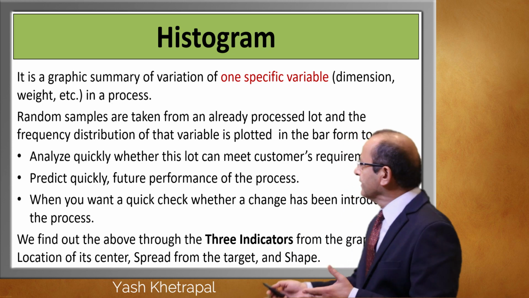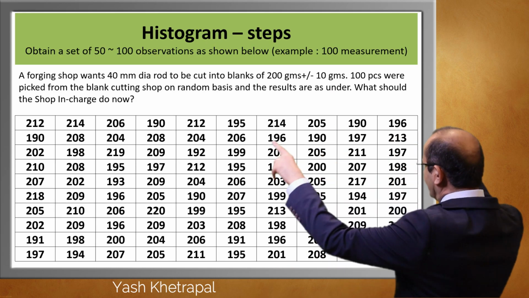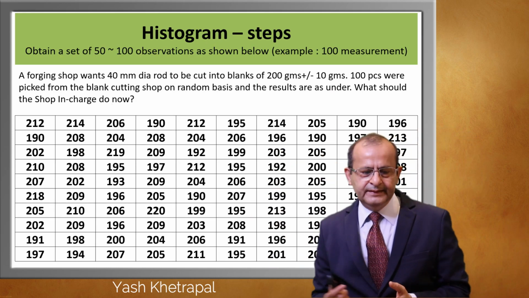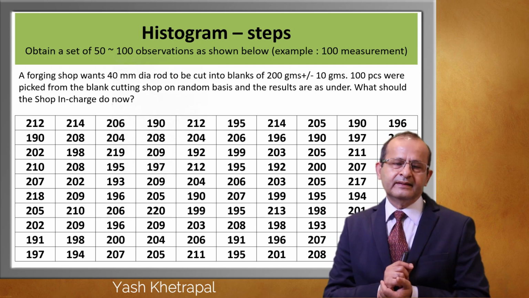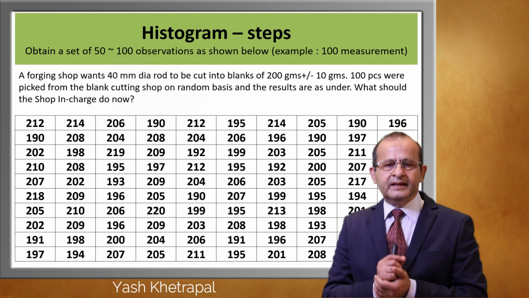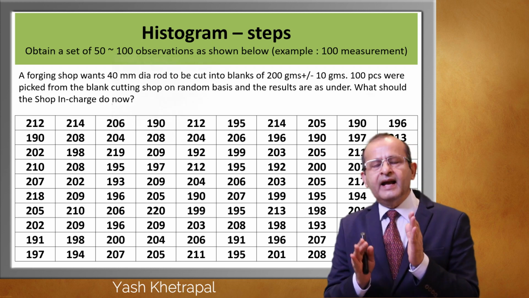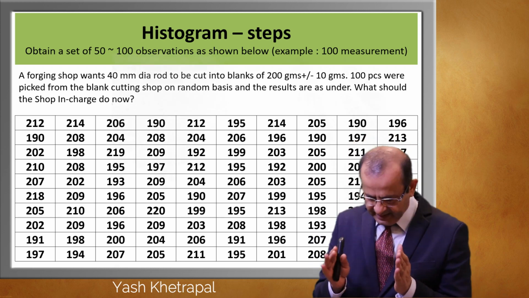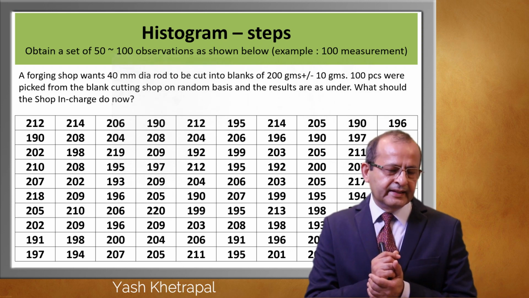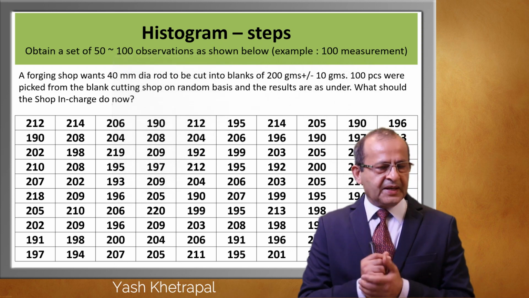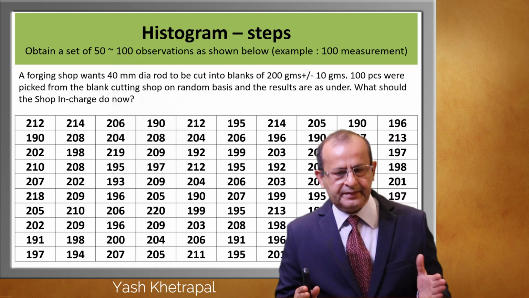Now look at this step. What is the background? Look at the slide. There is a forging shop manager. He is struggling with excessive flash coming in the forgings. So for that, he decides to plot a histogram. In this case, the histogram is for weight.